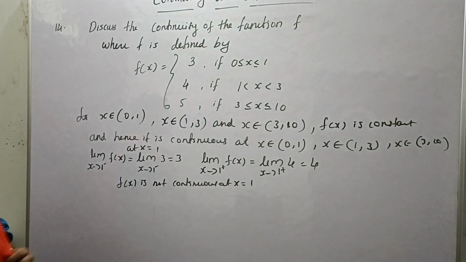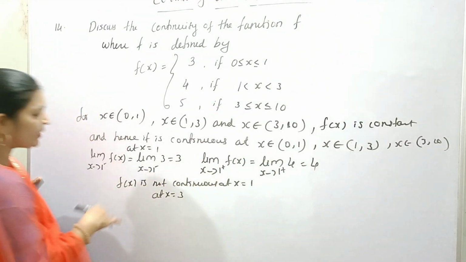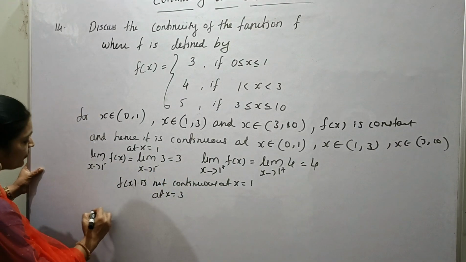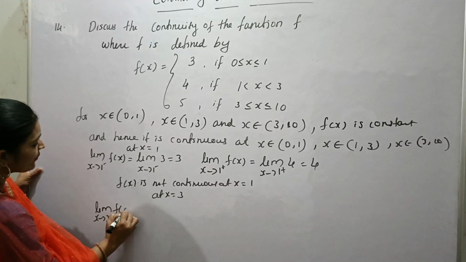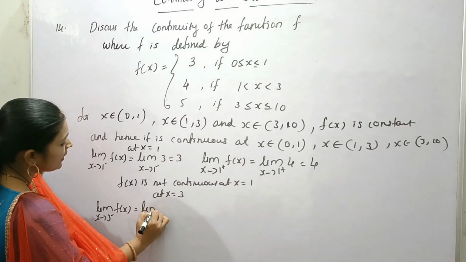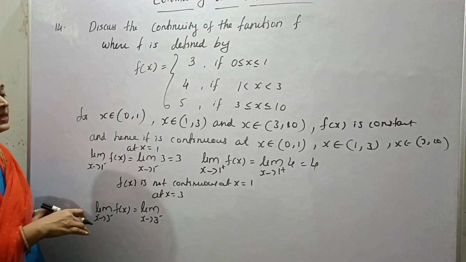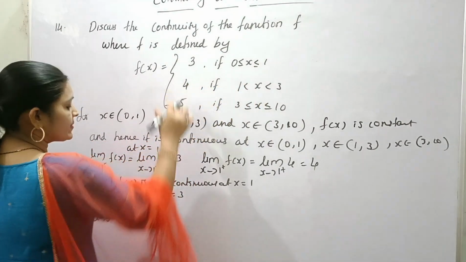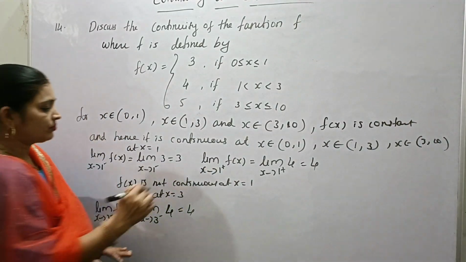Next, what about x is equal to 3? At x is equal to 3, let's find the left hand limit and right hand limit of the function. Limit x tends to 3 minus f of x, that is, when x is less than 3, the function is 4, so that is equal to 4.